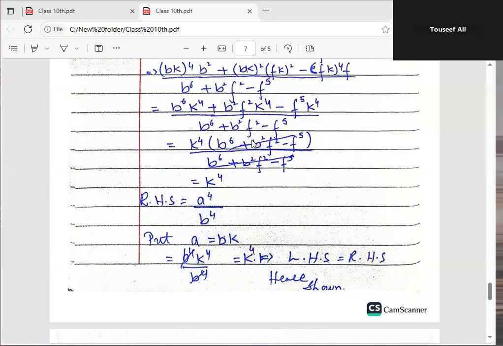These two terms, numerator and denominator, are the same, so they cancel with each other, and the only term we have is k^4, which is the solution of its left hand side.